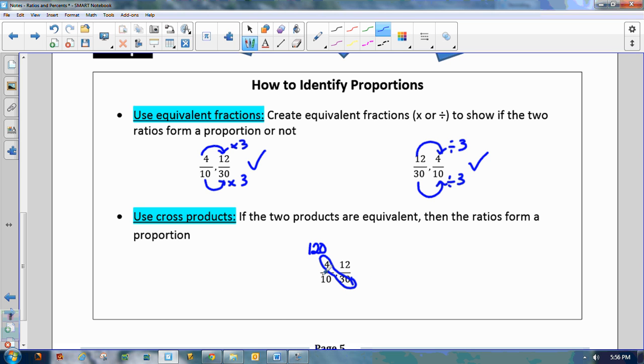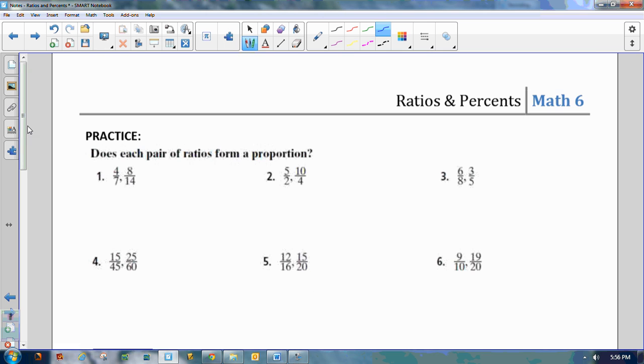Then I'm going to go crossways again with our other denominator and numerator and multiply. 10 times 12 is 120. These do check out. They are equal to each other. Therefore, they are proportional. Let's take a look at some practice problems.